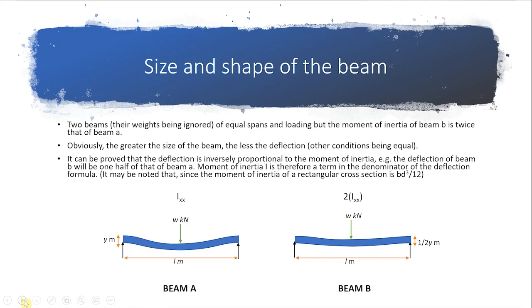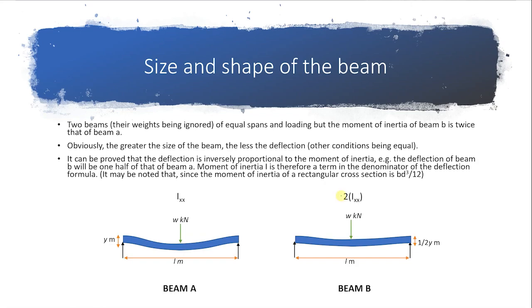Moment of inertia I is therefore a term in denominator of the deflection formula. It can be noted that since the moment of inertia of rectangular cross section is BD cube over 12. For example here, kalau you dapat I-axis for beam B double daripada beam A. Jadi you ambil je dua ni, you akan tahu dia punya deflection akan jadi 1/2 daripada beam A. Dia akan jadi terbalik.